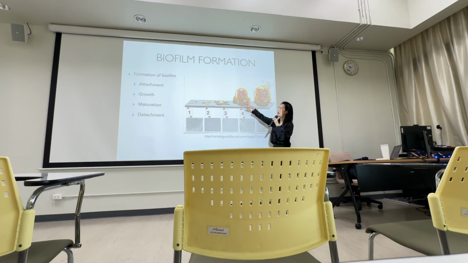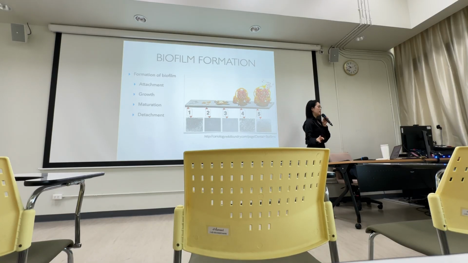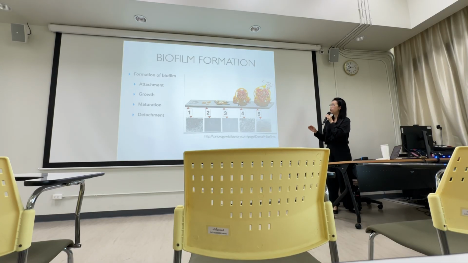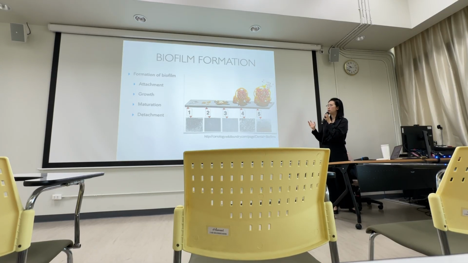After they mature for a moment, the bacteria send signals to each other that this biofilm is too crowded, so they release some bacteria out to find a new area to colonize. So here are the steps of biofilm formation.